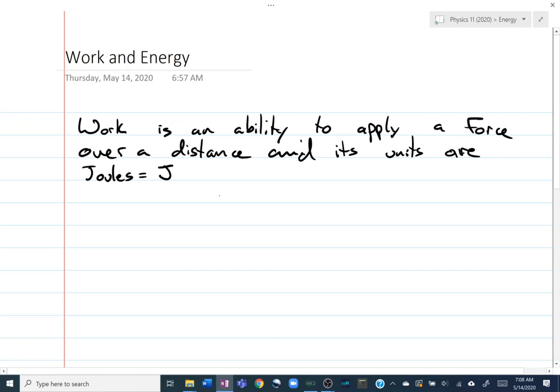So the formula we use is work is equal to F times D, the ability to apply a force over a distance. If we're looking at the joule, that means that joule, the units of work, has to be equal to a newton meter.